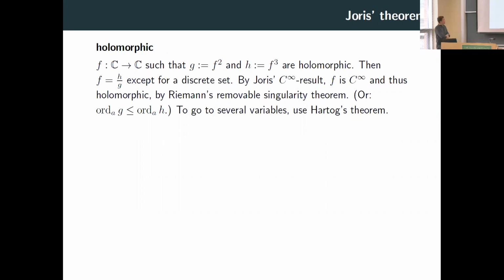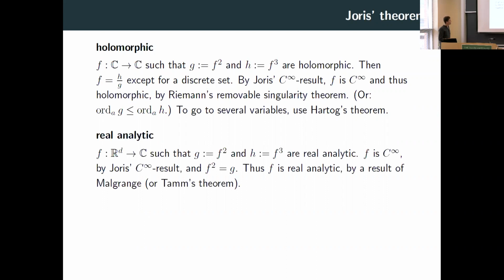Therefore, all the possible singularities can be removed, because the function is locally bounded, even C infinity in a neighborhood, and we are done. By the way, you do not need Liouville's C infinity result in this context, because you can just compare the order of vanishing of the denominator and the numerator. Okay, it's very easy. And to go to several variables, you just use Hartogs' theorem.